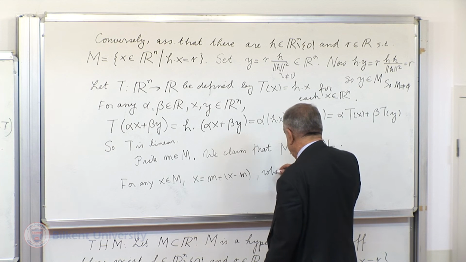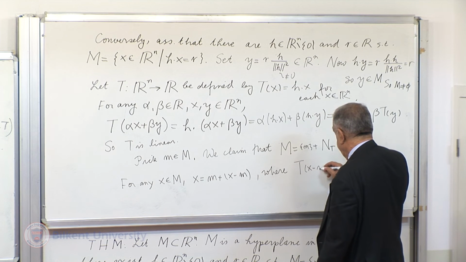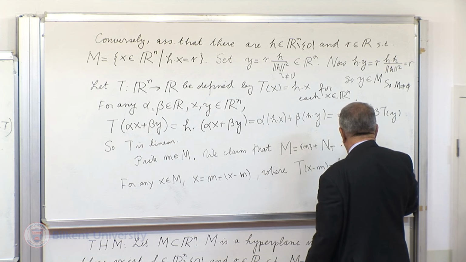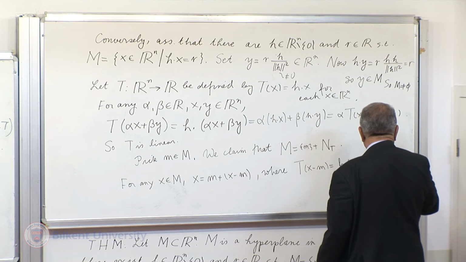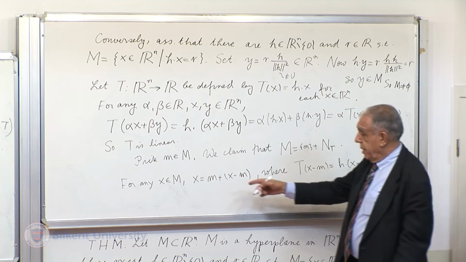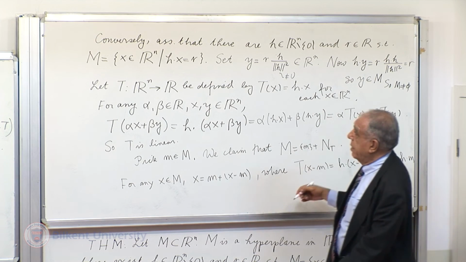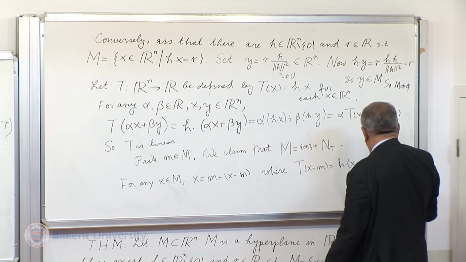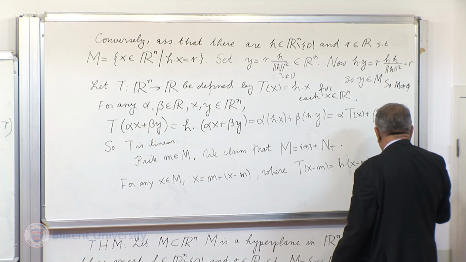where T of x minus m, which is h dot x minus m, which is h dot x minus h dot m. What do we know about x? It's in M. What's M? M is this set. So h dot x is equal to r, and h dot m is equal to r as well.